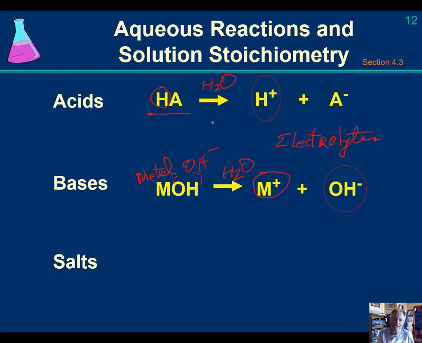All right, so if I do a reaction with an acid and a base, I'm going to get two products out of that. One of those products is going to be water from combining the hydrogen ion with the hydroxide ion. That's going to make water. That'll be what we call the driving force for that reaction. But the other substance that comes out of that is a metal cation with an anion.